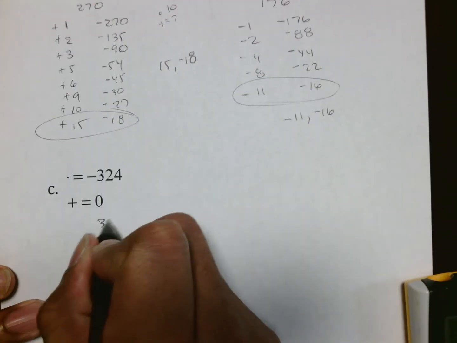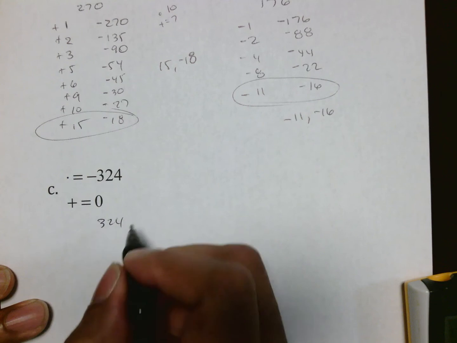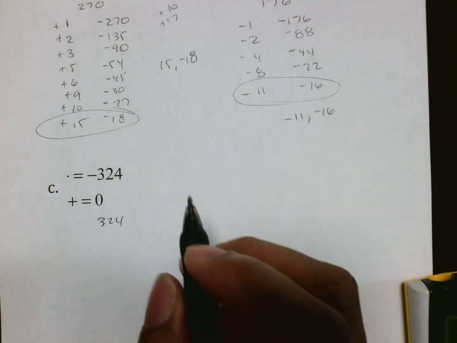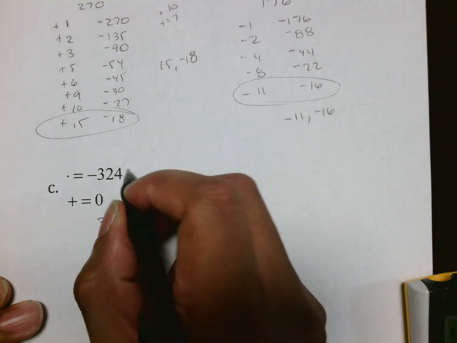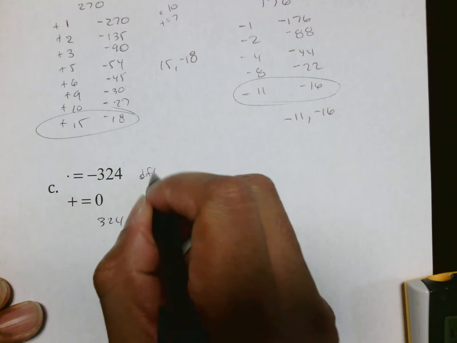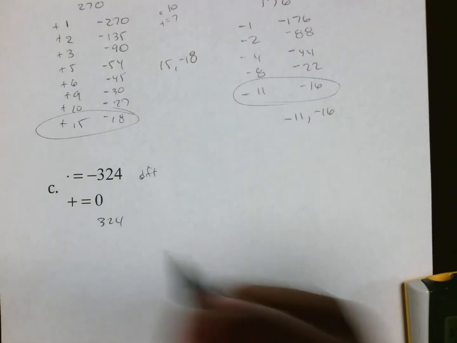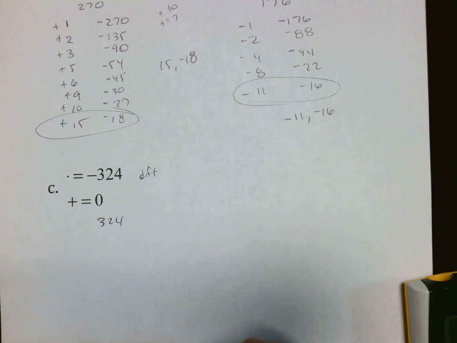Here we have 324, which we could make a list for, but let's think for a second. Anytime it equals 0, that's a special case. If it equals 0, that means that they add to make 0. So you're looking for numbers whose signs are different, and it only works if the signs are different. If it adds to make 0, you're looking for the same number added to and subtracted from itself.